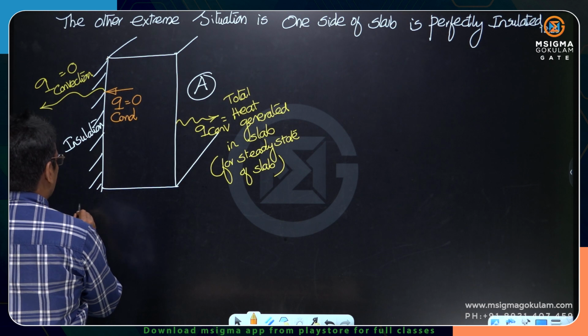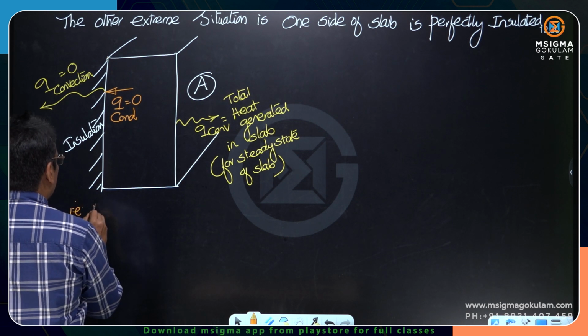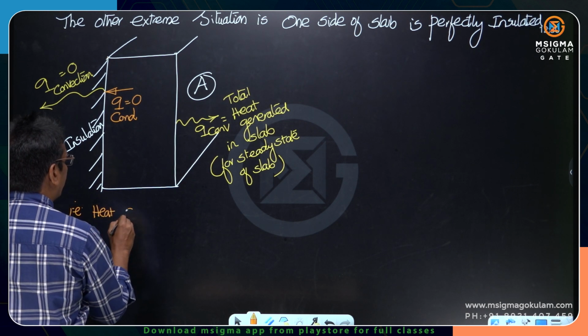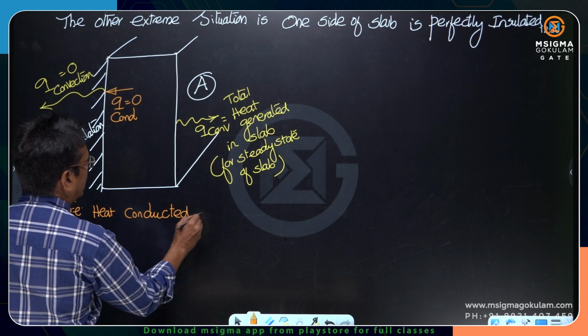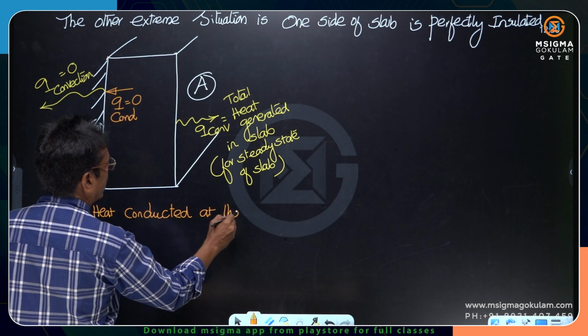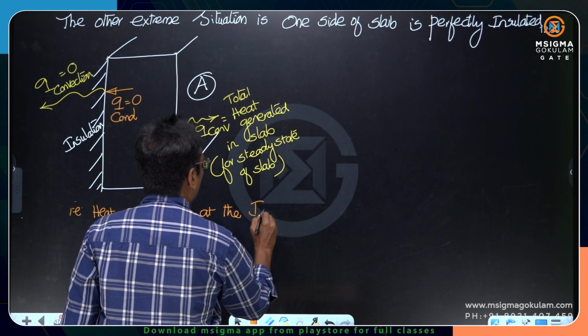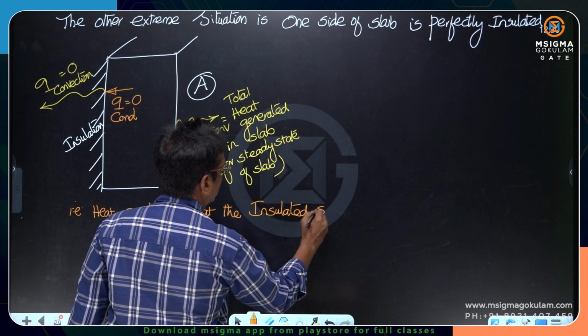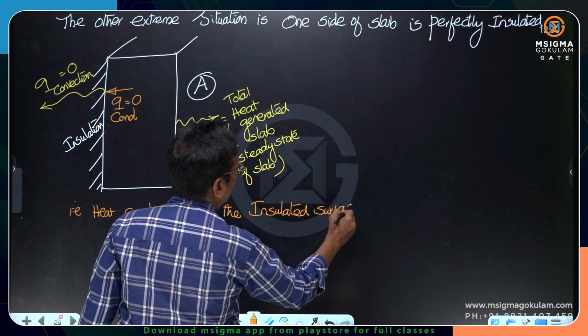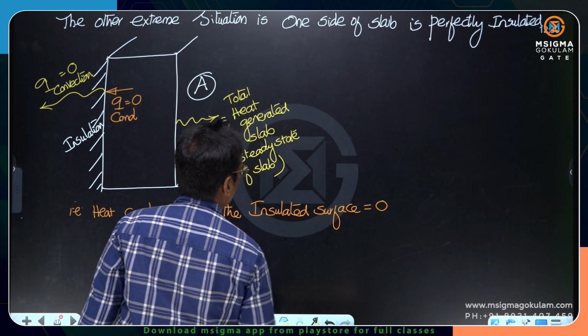That means heat conducted at the insulated surface should be equal to 0. Why?